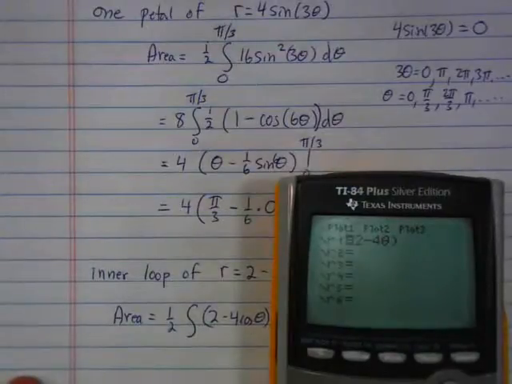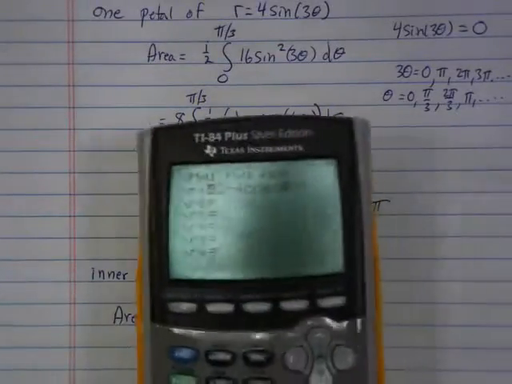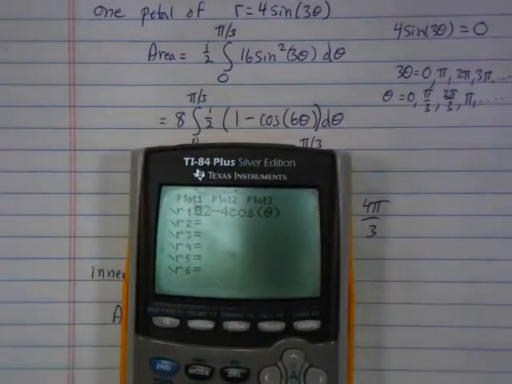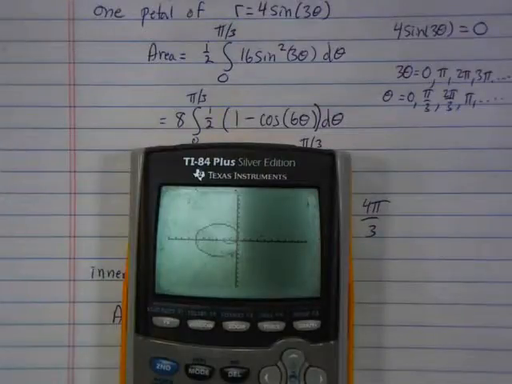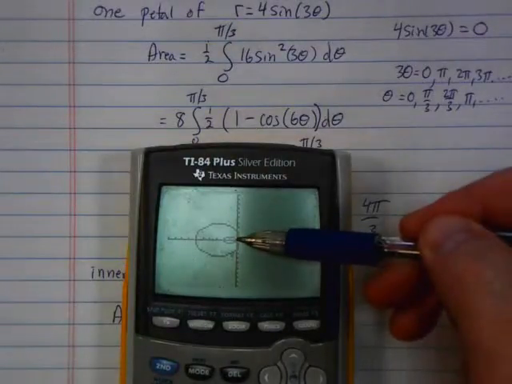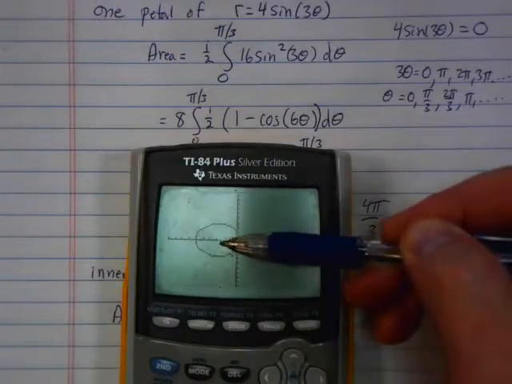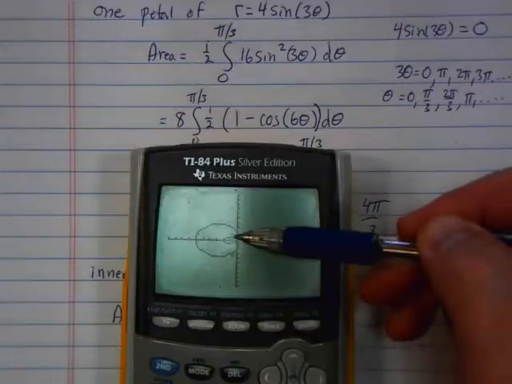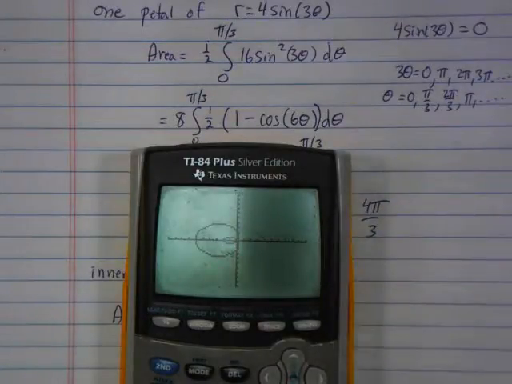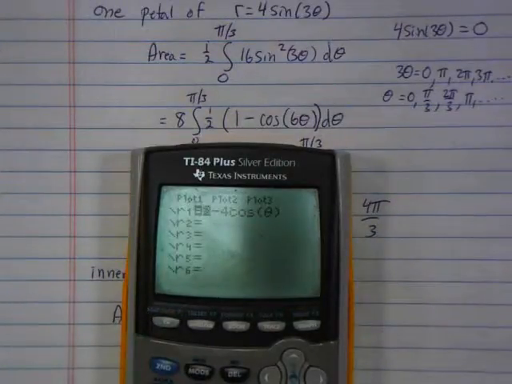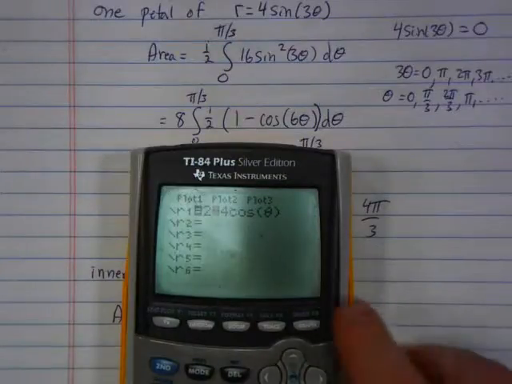2 minus 4 cosine theta. And again, I'm going to watch carefully to see how it's drawn. Graph. Okay, so there's that inner loop that I'm looking for. I want the area of just that inner loop. Let's draw it again.